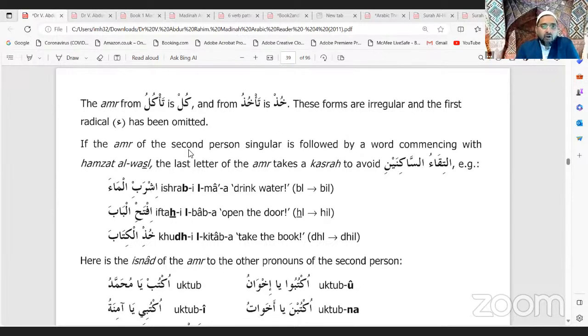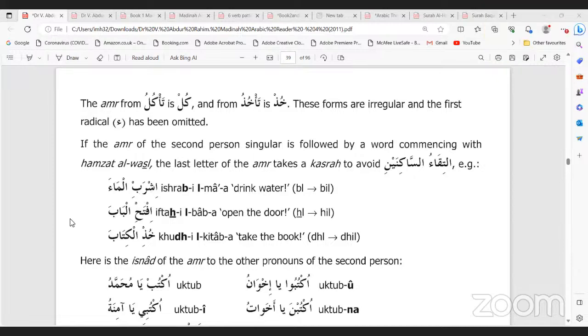So if the amr of the second person, this is ishrib, second person, is followed by a word commencing with hamzatul wasl, like alif lam of the definite article the, this alif is hamzatul wasl. So the alif is normally silent. So what happens? You will make the ba of the amr with a kasra and join it on.